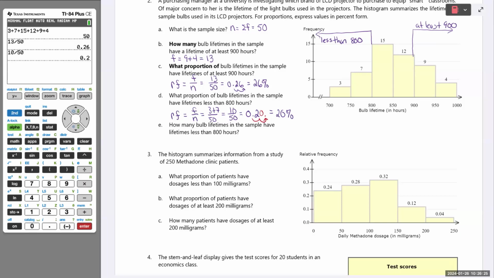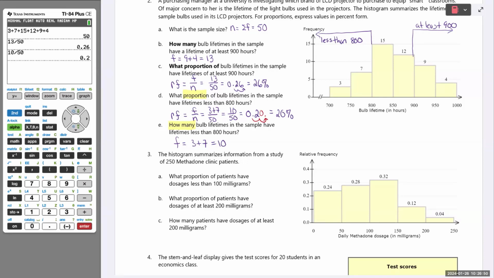Okay, so that's proportion. The next one is how many. How many bulb lifetimes in the sample have lifetimes less than 800 hours? That's just asking for the frequency. And we did that already, the 3 plus 7. Oops, sorry, 3 plus 7 is 10. And I'm not writing units here, but that would be 10 light bulbs.